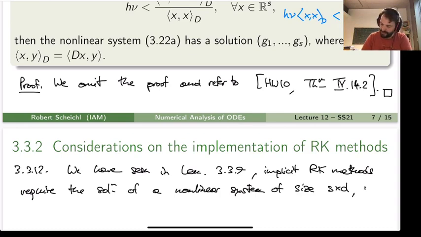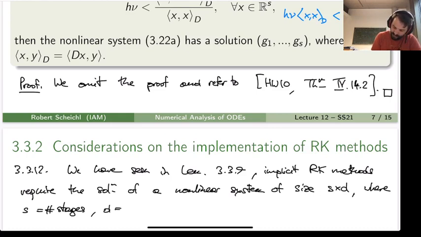S is the number of stages and D is the number of ODEs, or the system size.